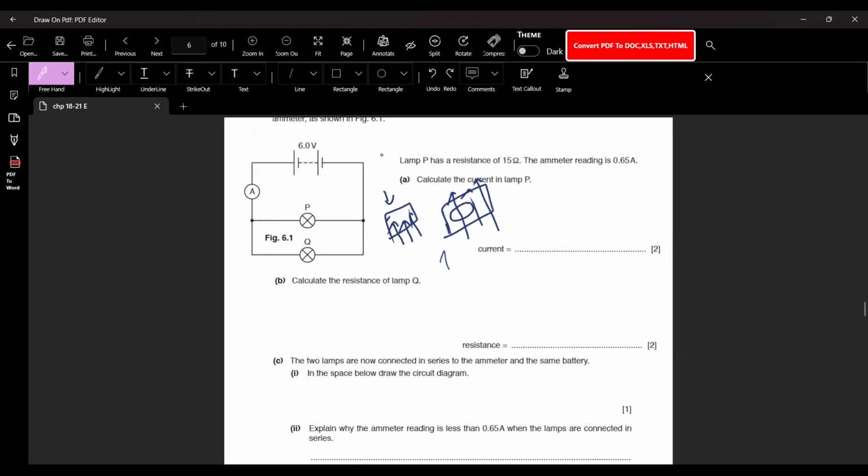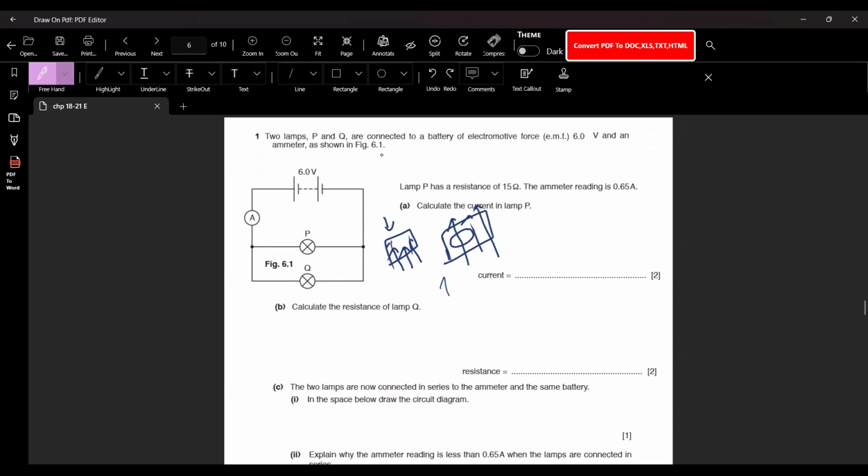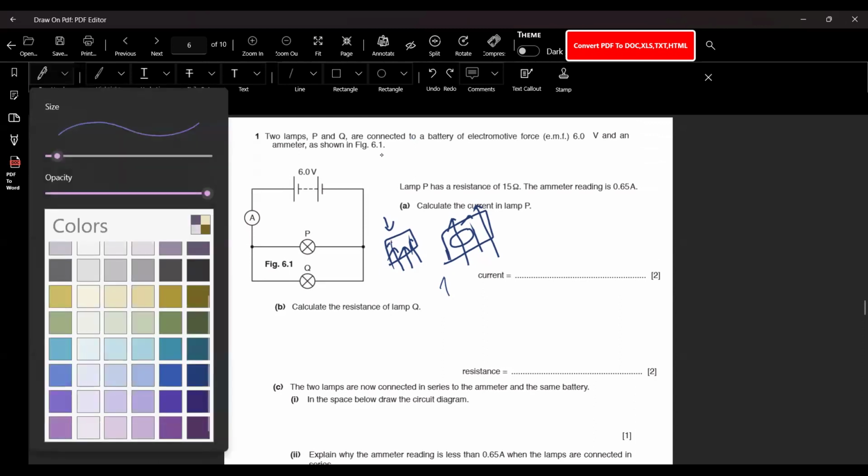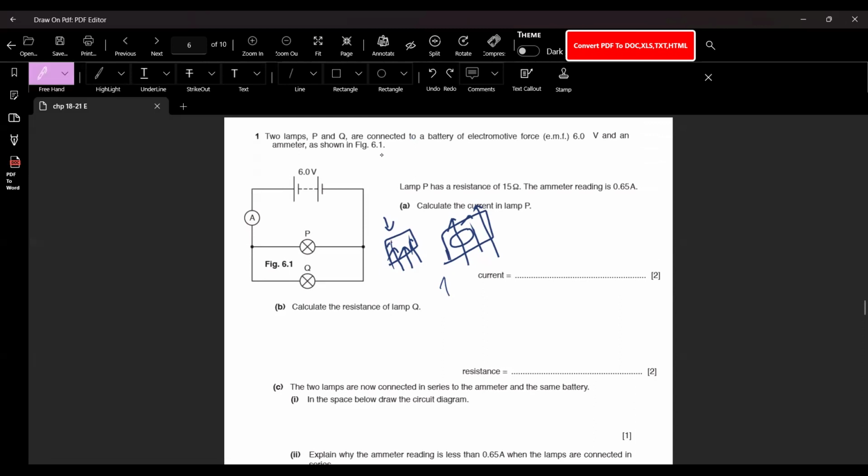And they have asked us to find out the value of the current. Let's see what we have here. We have the voltage, and they asked to find the current through P when they have given the value of resistance of P. So I equals V over R formula will be used.